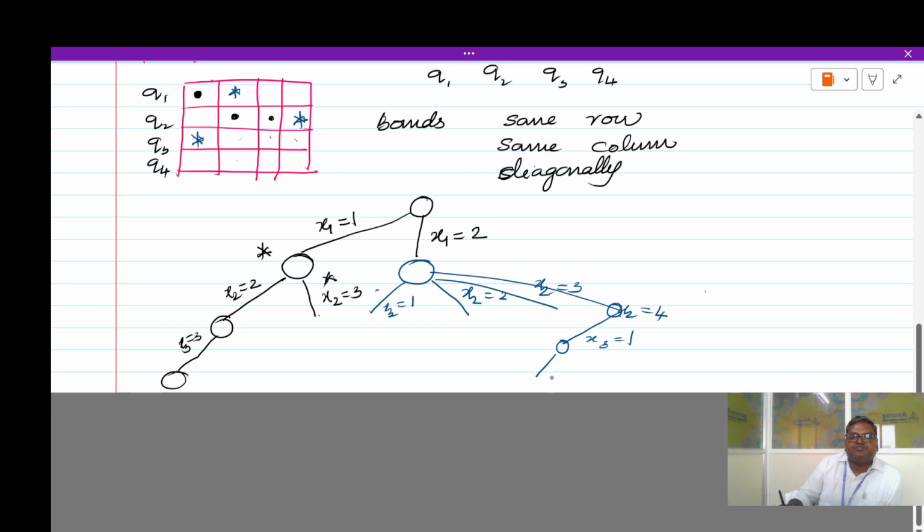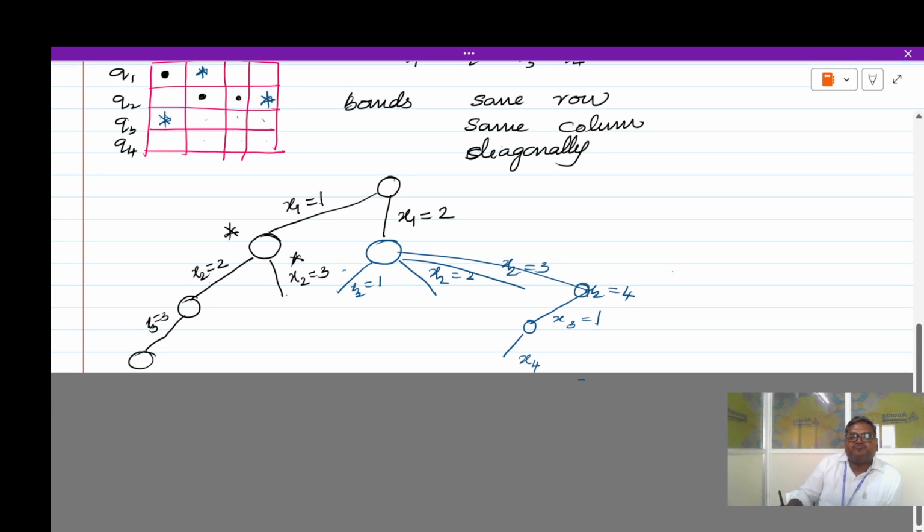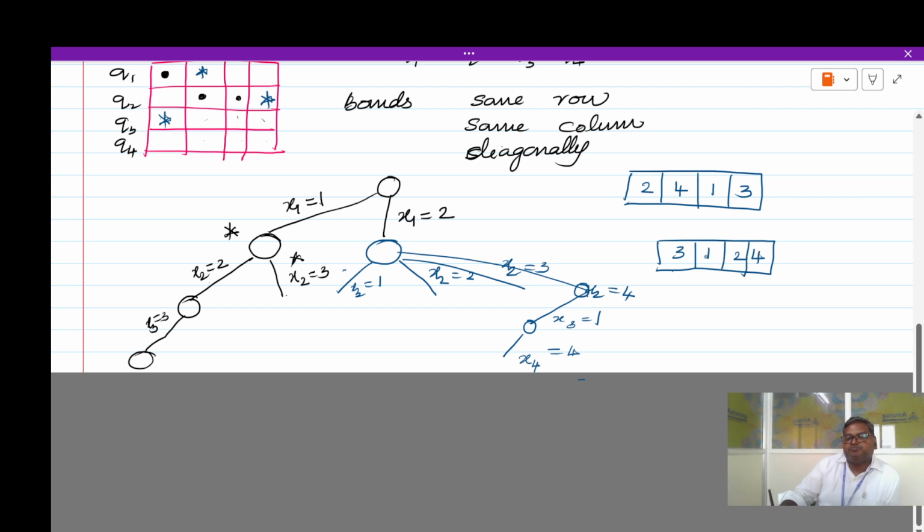The only option is x4 is 3. So the solution, we express in columns: the first queen is placed in 2, the second queen in column 4, the third queen in first column. Similarly you can find that the mirror image is another solution. Those are the two options we have.